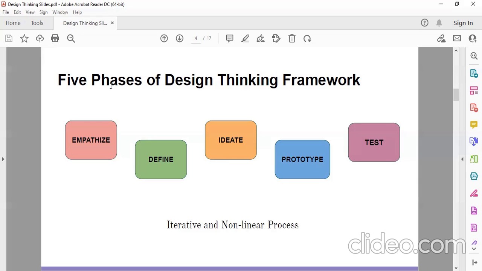This concept tries to understand the people for whom you are going to design a product or a software or something. So for whom you are going to design that one, right?